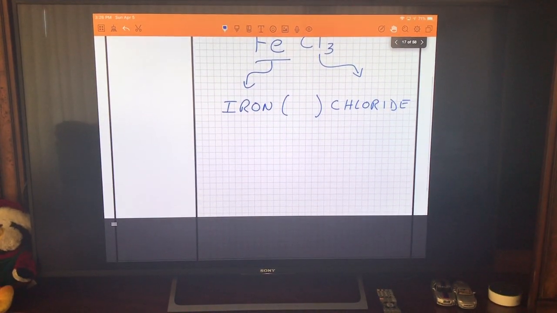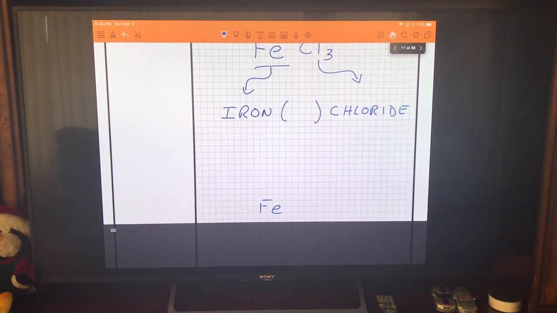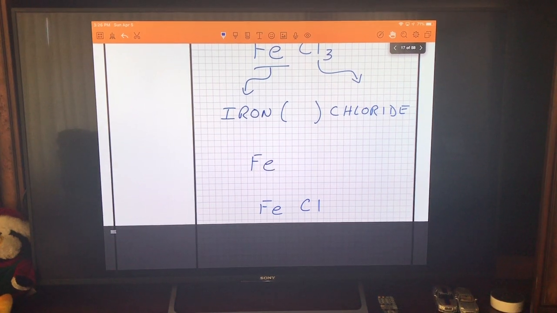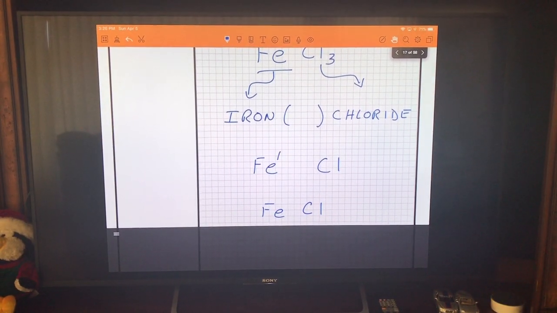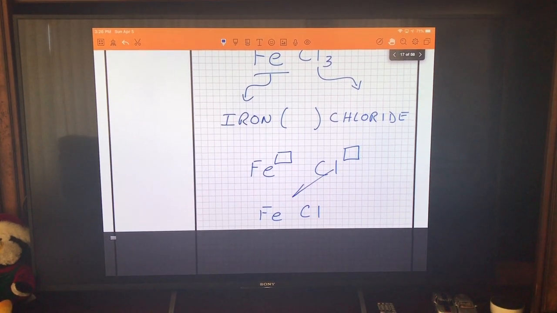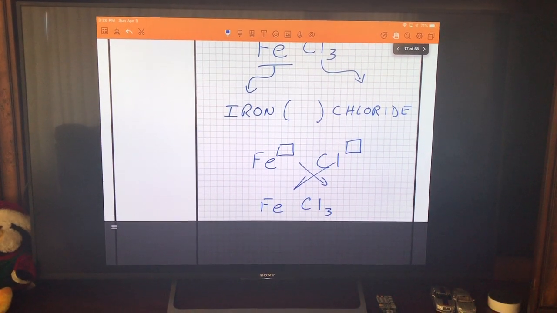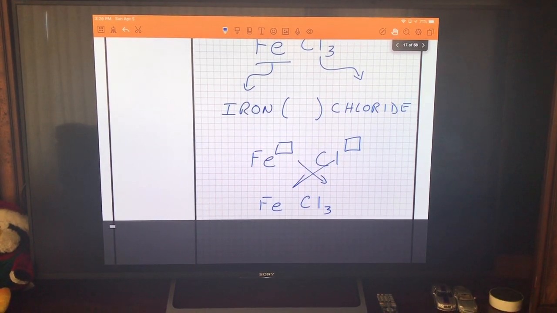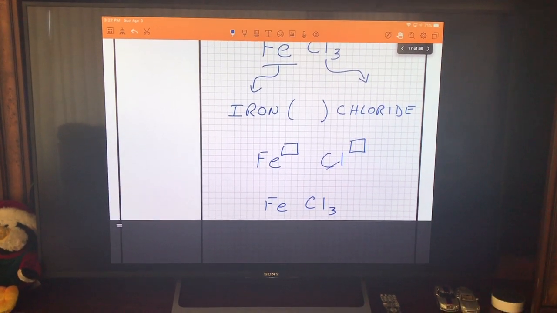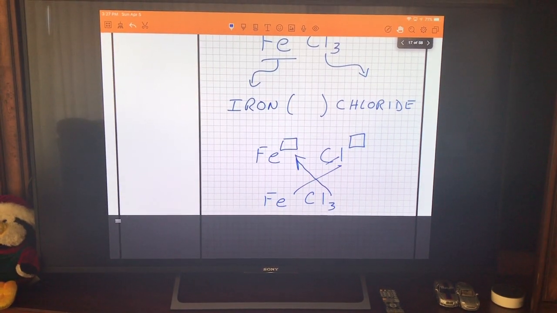Well, the easiest way to do that is when we used to do the 5-step crossover, you would start with the charges of the iron and the chlorine and then cross them over. In this case, all that we're going to do is reverse that process. So rather than go from top to bottom, we're going to go the other way.